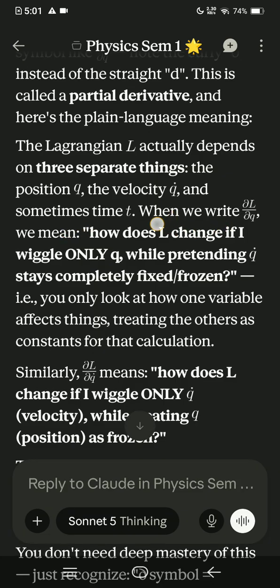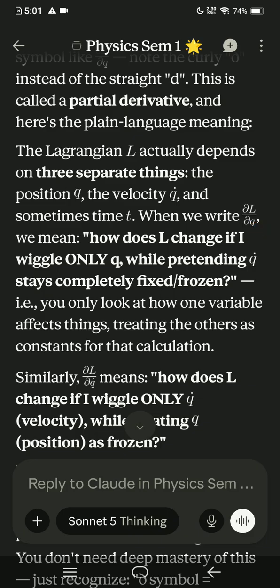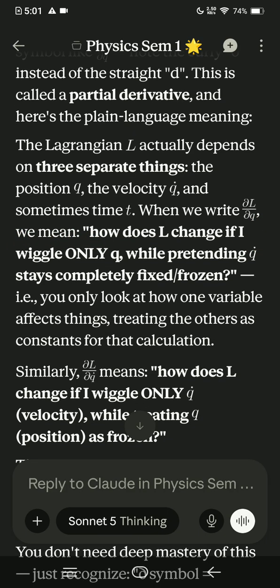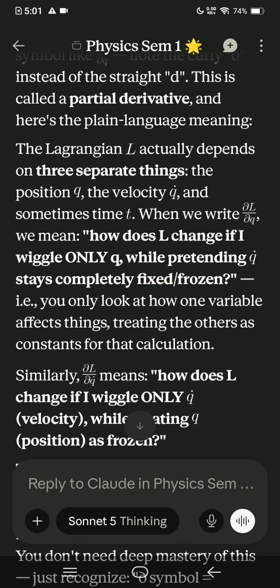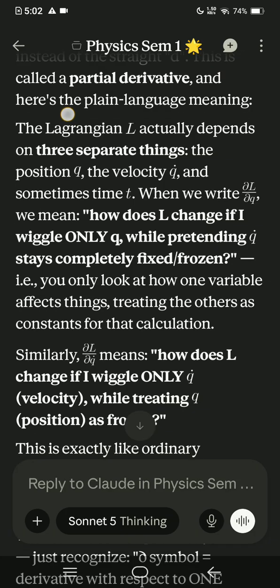okay, so when we write this, we mean how does L change if I wiggle only q, while pretending q dot stays completely fixed or frozen? That is, you only look at how one variable affects things, treating the others as constants for that calculation.